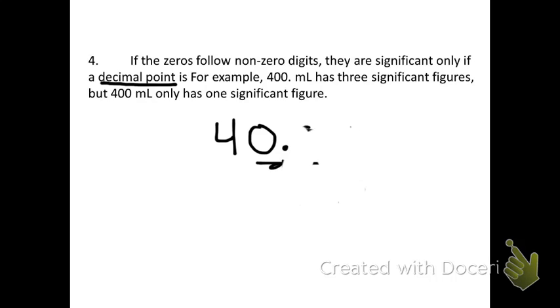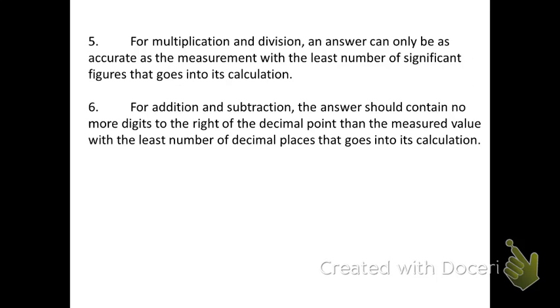Alright, hopefully this will help. We're going to do some more practice here in just a minute. Alright, there are 2 other major rules of significant figures. Both of them deal with when we add, subtract, multiply, or divide measurements to get our final number of significant figures.